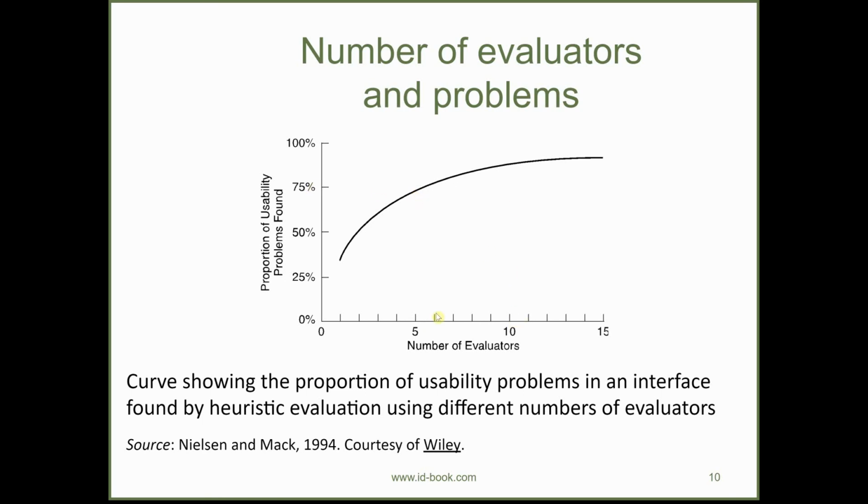But when you go from 5 to 10, 10 is also finding maybe 85%. So there is not much use in having too many evaluators. They can find more problems, but most of those problems are going to be very trivial, so it's just better to stick with 5.